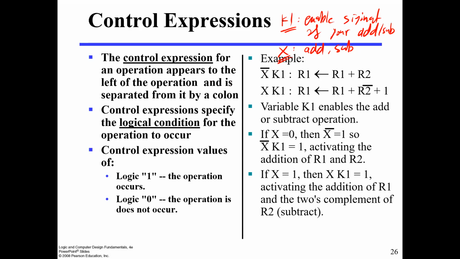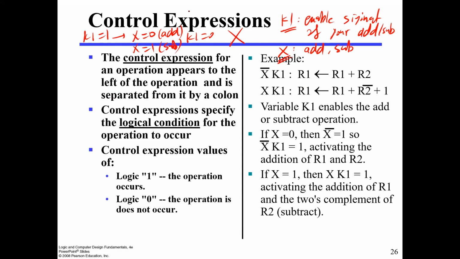Therefore, if K1 is equal to 0, that means no operation. If K1 is equal to 1, I have to read X. If X equals 0, in this example that means I want to add. If X equals 1, I want to subtract.